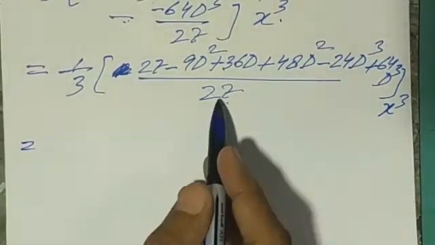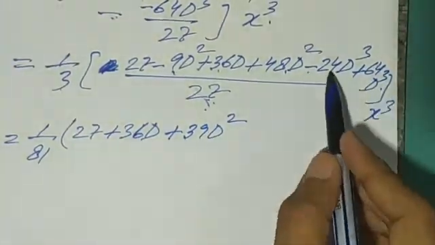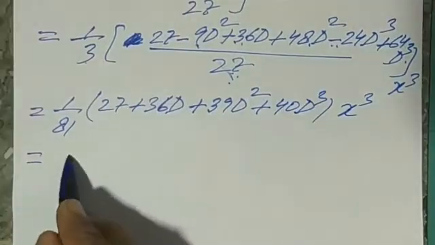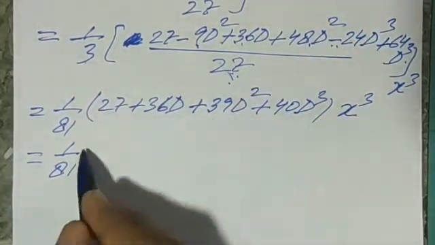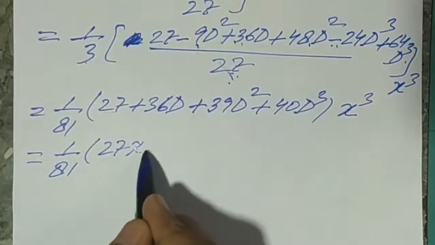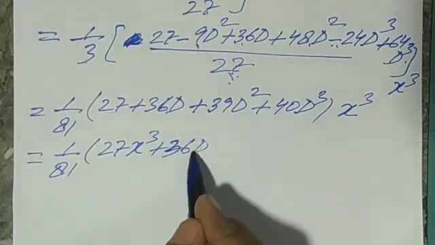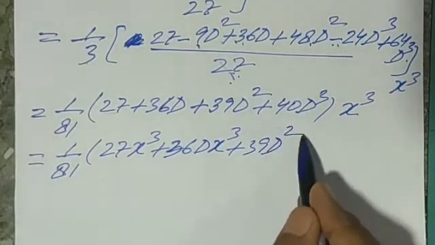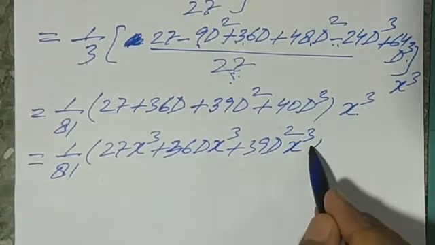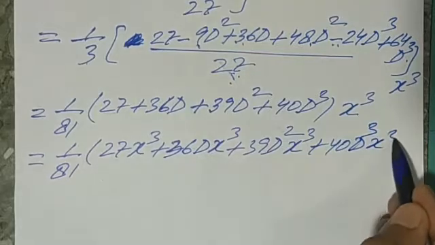So simplifying, we get now 1 upon 81. If we multiply all these terms by x cube, we get 27x cube plus 36 dx cube plus 39 d square x cube plus 40 d cube x cube.